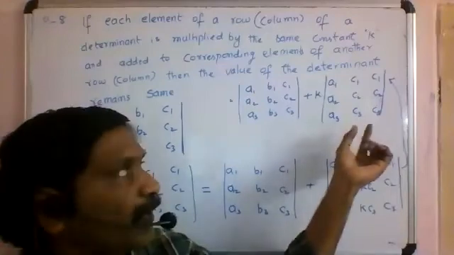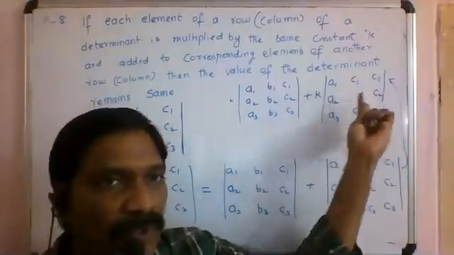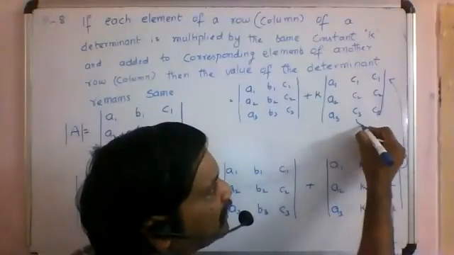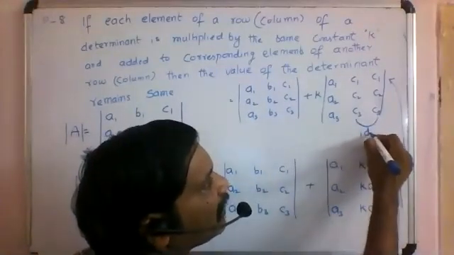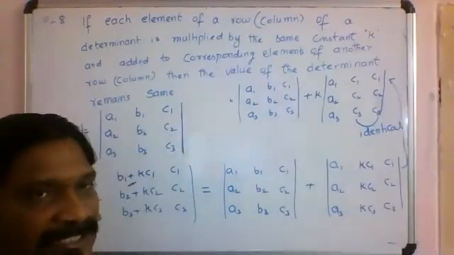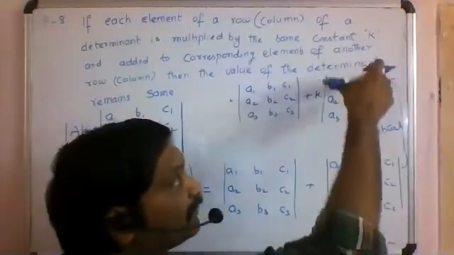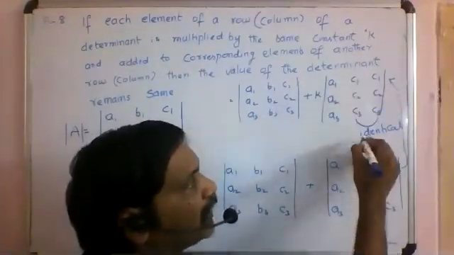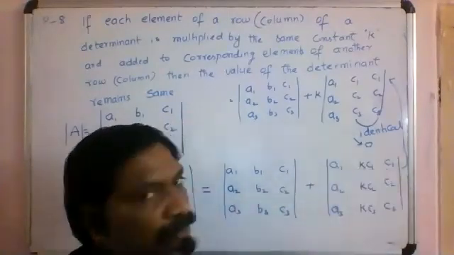Again, by using a property: if two rows or two columns are identical, here C1, C2, C3 and C1, C2, C3 are identical, then its determinant value is 0.